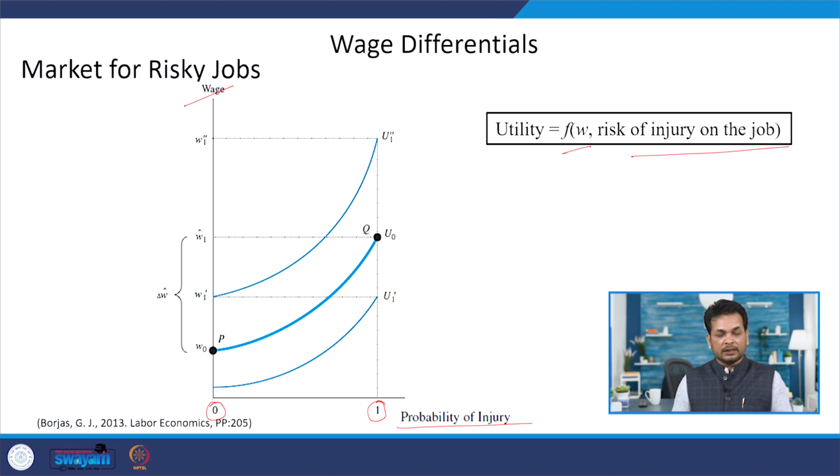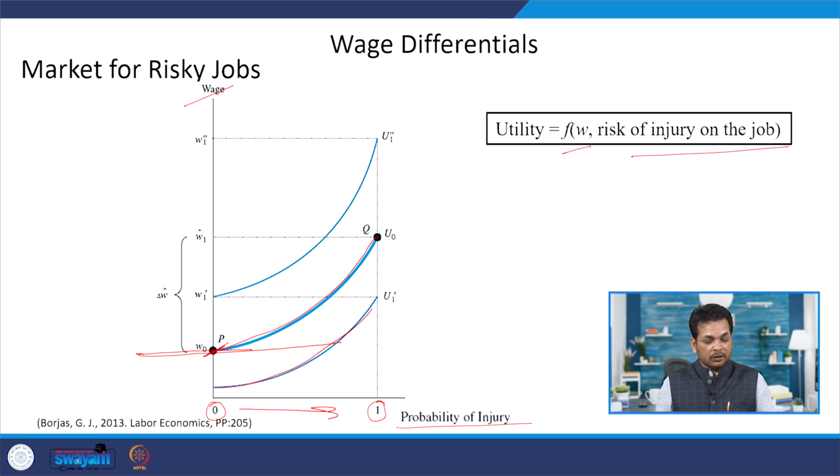Now, if the wage rate is W0, at this given wage rate the worker is operating on this utility function U0, and the worker would prefer to work in a safe environment, operating at point P. At this W0, the worker is not going to prefer to work in a risky environment where the probability of injury is high.